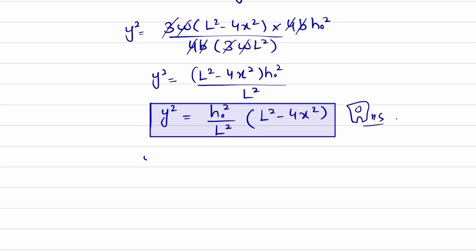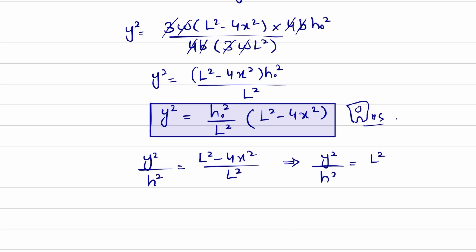Also, if you further simplify it, y square over h square is equal to l square minus 4x square over l square. Clear? Okay, so from here you will get y square over h square is equal to l square over l square minus 4x square over l square.